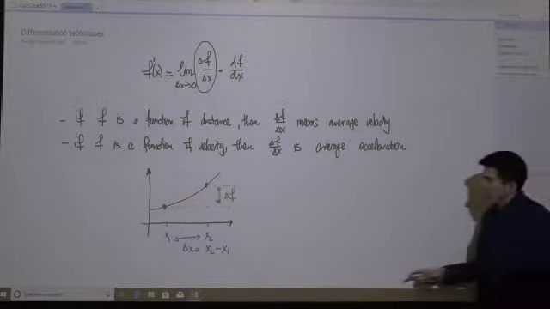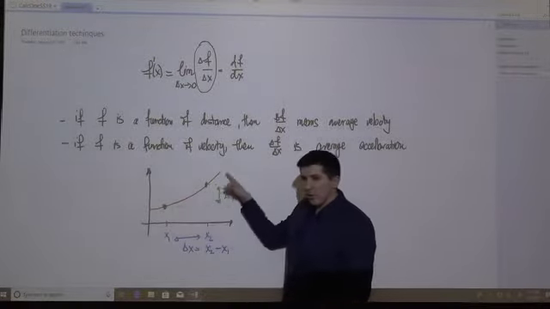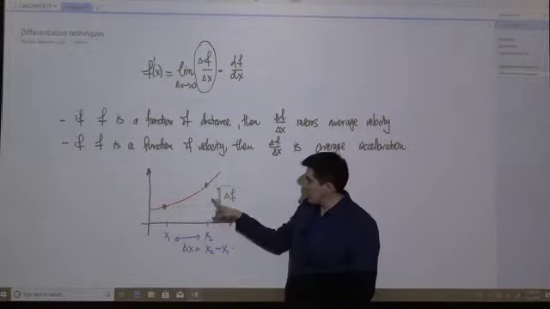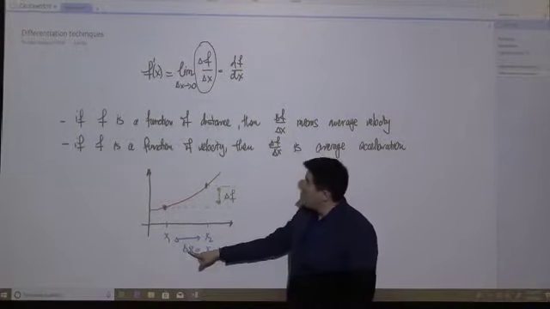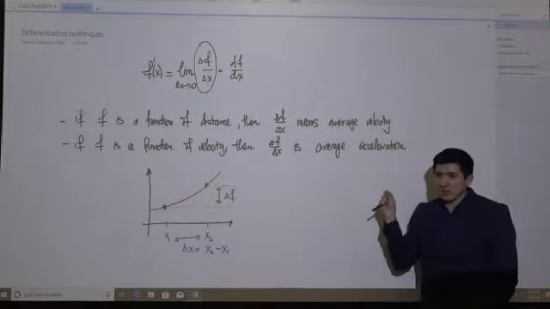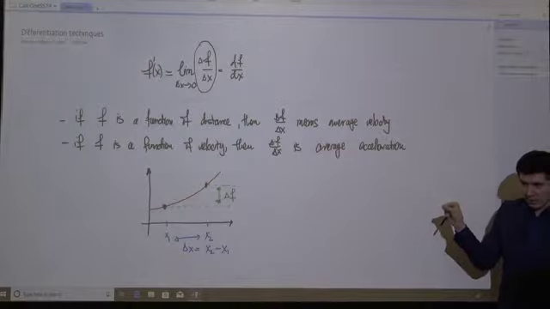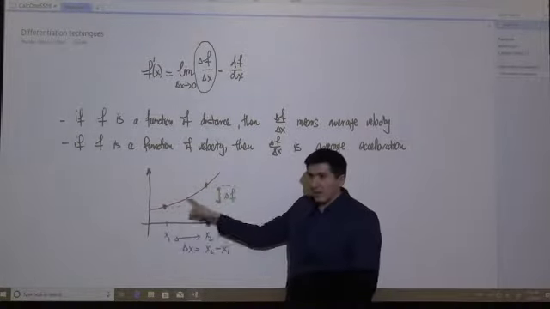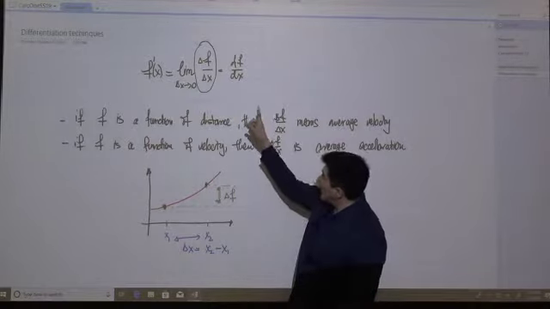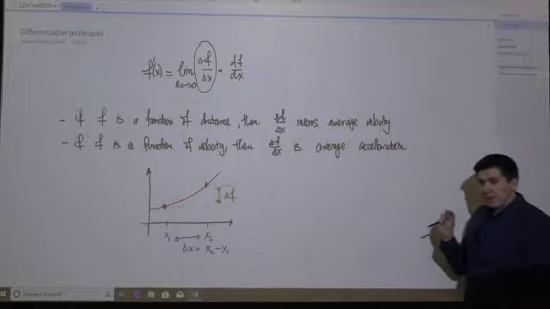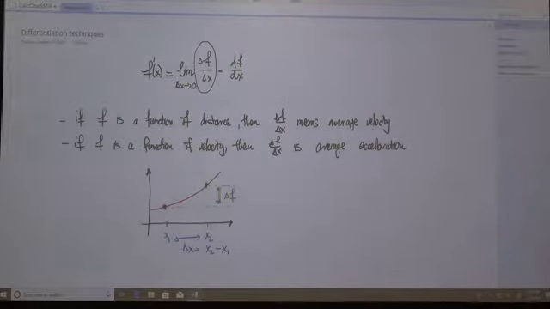So if this is the curve of the distance, then its derivative, or delta f over delta x in the limit, which is df over dx, means how the distance is changing at this point x, okay? If this curve means the velocity, then df over dx at some point means the instant change of the velocity, which means the acceleration.